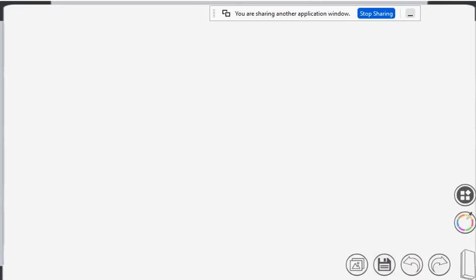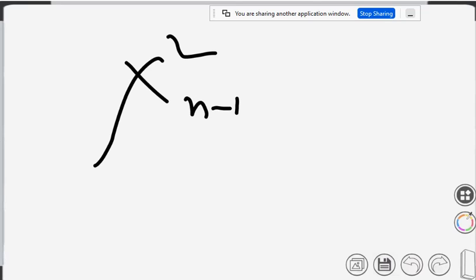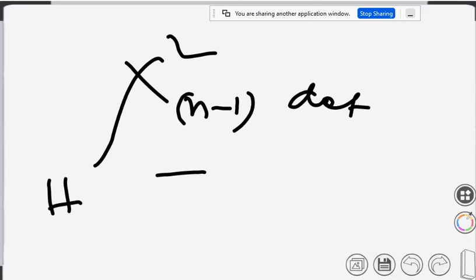The only thing you have to keep in mind is that chi-square is not symmetric, and in this case it will be n minus 1 degrees of freedom. If the alternate hypothesis is sigma not equal to sigma 0, it will be a two-tailed test.